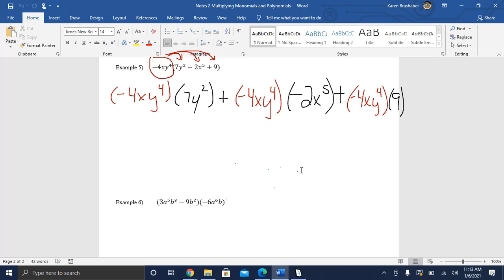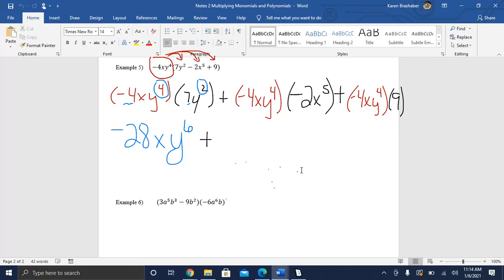So when we multiply, we take those coefficients. So negative 4 times 7, that's negative 28. I have an x, and then on my y's, I will keep the base y and add my exponents. 4 plus 2 would give me 6. Then I have my plus sign.